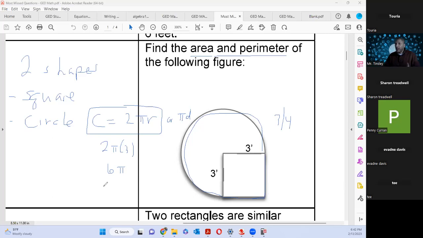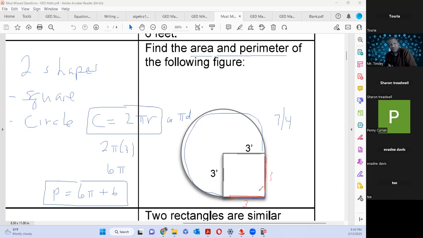So my perimeter of this whole shape is 6 pi plus 6. Does everybody understand where I got that 6 from? The additional 6 is 3 here and 3 here, not 3 squared. That's where the 6 came from, because perimeter is distance around, and we're adding them.